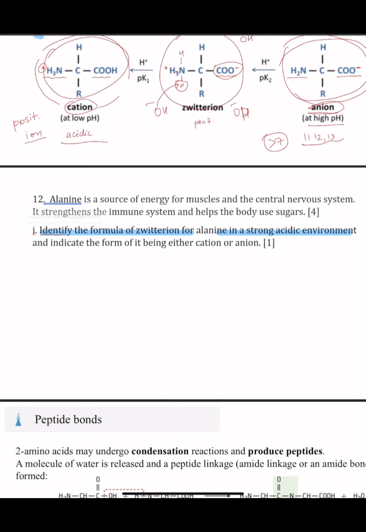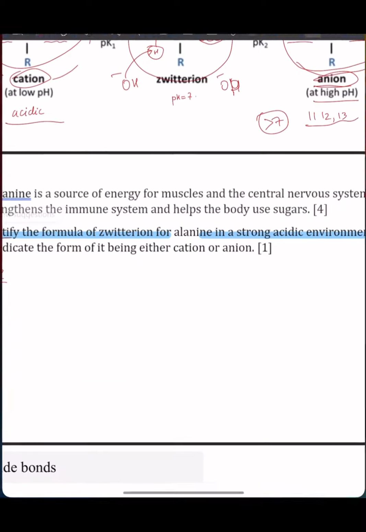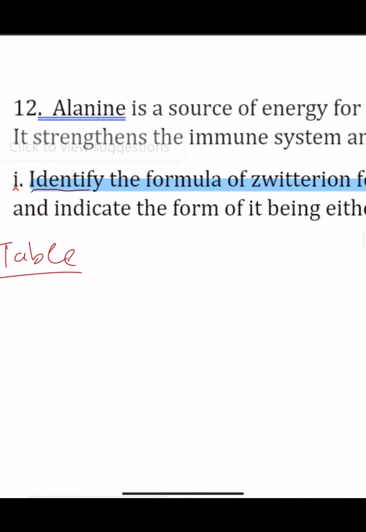First of all, I go to my table. We're going to give you a table. You need to find out how alanine looks. Now, you know that it is NH2, CH, COOH. All you need to find is this R part.